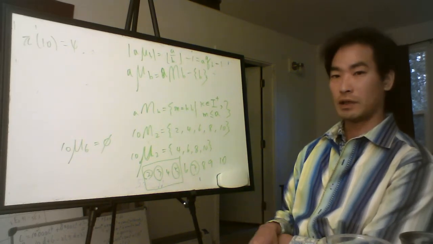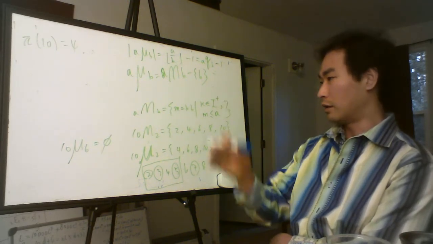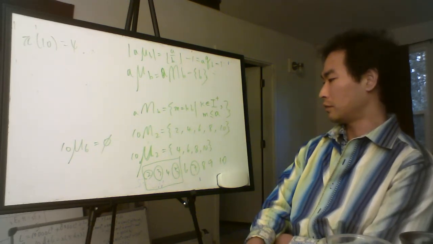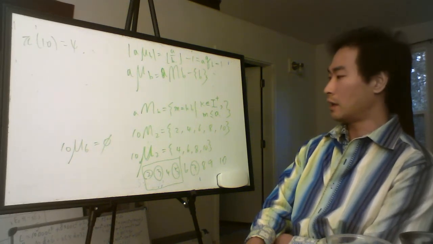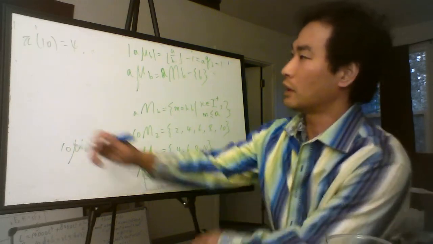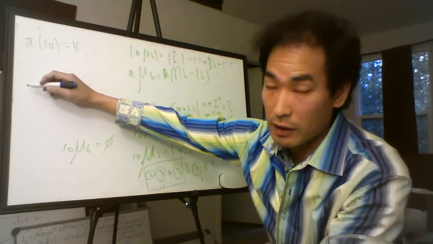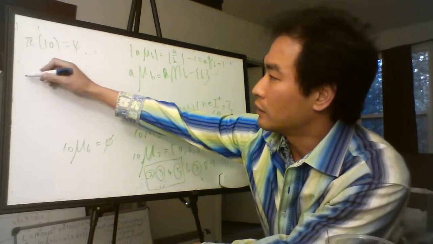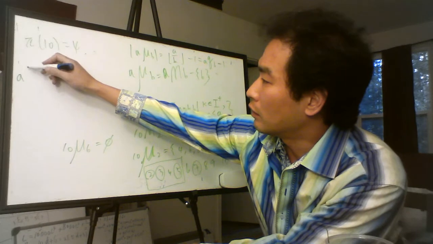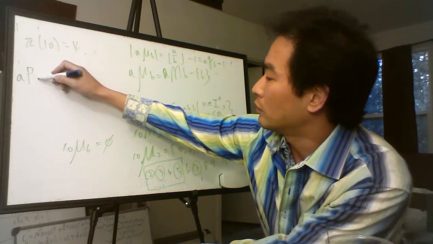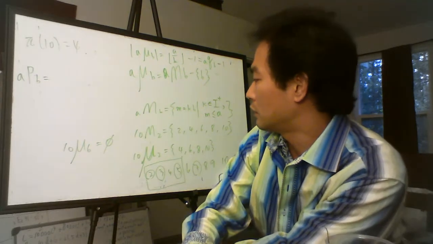And then what's left is the prime set. Let's say the set of primes, each of which is less than 10. So a set of primes B. Again, this is a review.